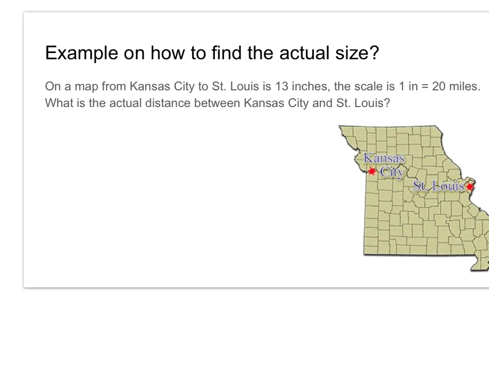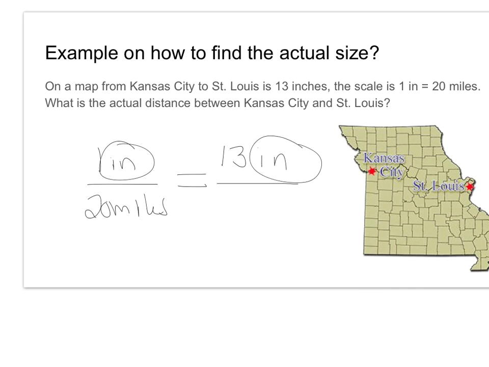If we have the scale, that's one side of your proportion. So we know 1 inch is 20 miles. We measured it and it's 13 inches. Remember, inches and inches on top. We want to know how many miles this is.